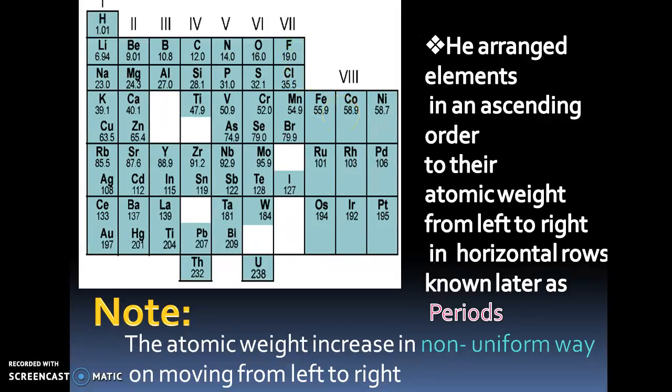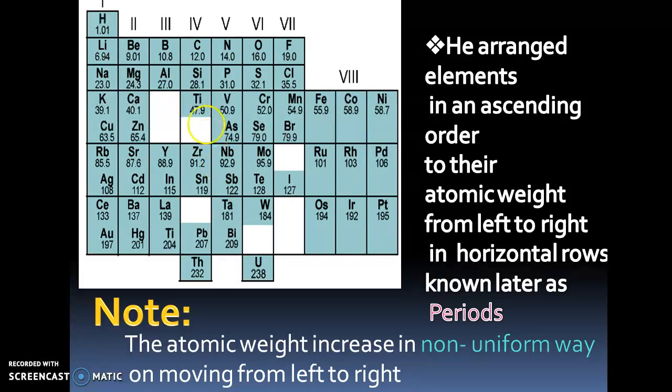But can you see? Mendeleev arranged the elements according to their atomic weight, ascendingly from left to right. As you can see here, the atomic weight increased in a non-uniform way on moving from left to right.